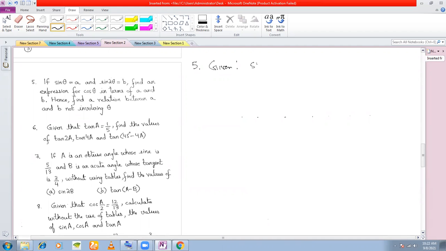So, given here, sine theta is equal to A, and sine 2 theta is also given to be B. Find an expression for cos theta in terms of A and B. Now, what is the formula for sine 2 theta?